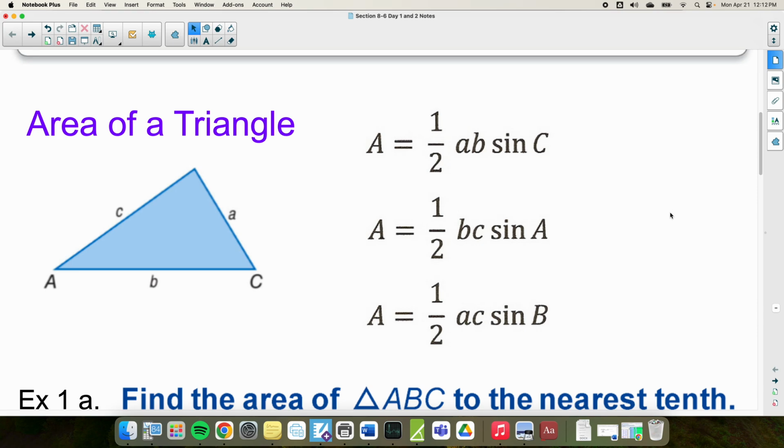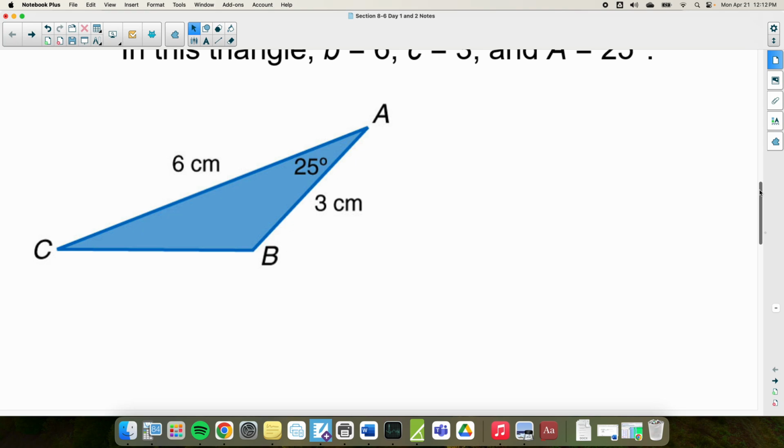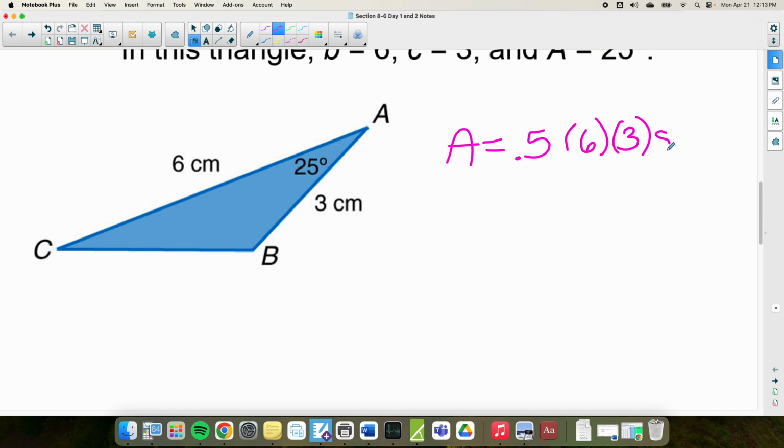So the last thing I was talking about on Thursday, there was two different types of problems. One is any time that you have two sides and the angle in between, you can find the area of that by going 1/2 or 0.5 times the two sides multiplied, so 6 times 3, and then times the sine of the angle, so sine of 25.